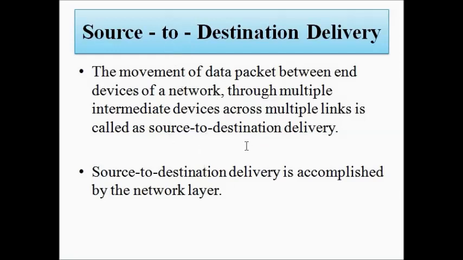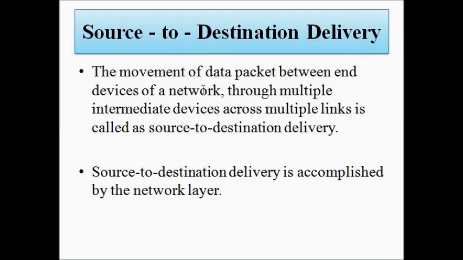So the movement of data between the two extreme end devices through multiple intermediate devices across multiple links is called source to destination delivery. Source to destination delivery involves multiple intermediate devices. There are many computer systems, nodes or devices in between the sending and the receiving device.